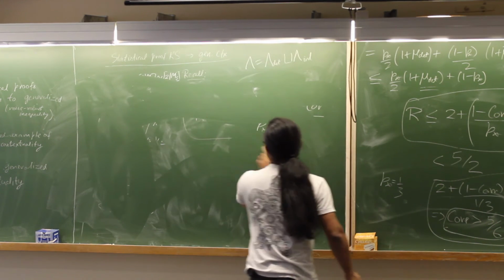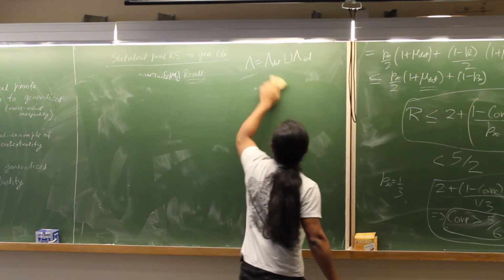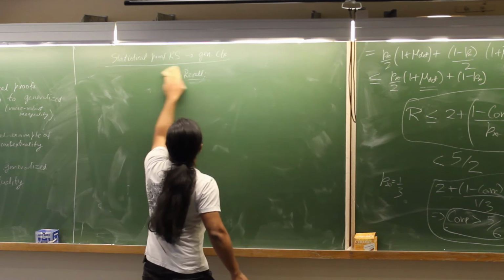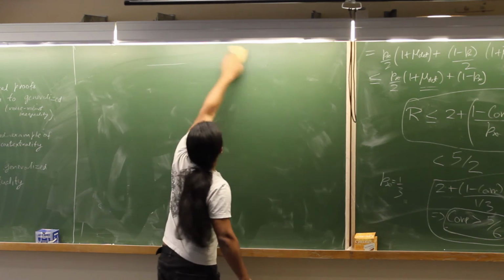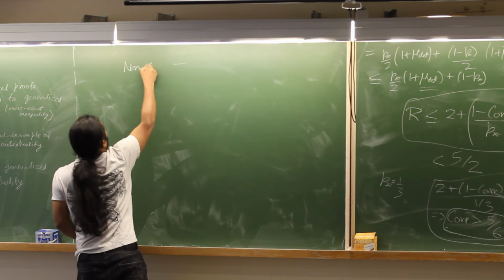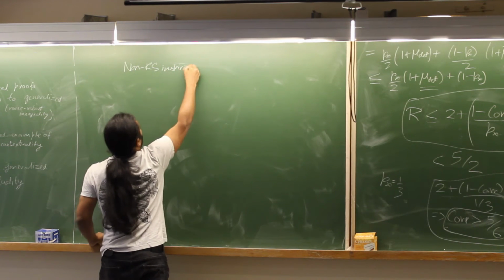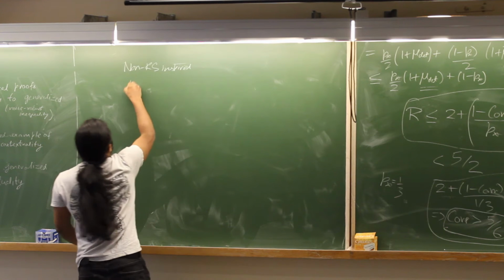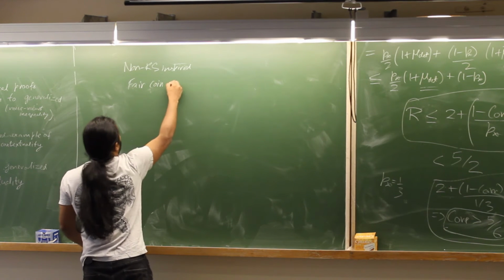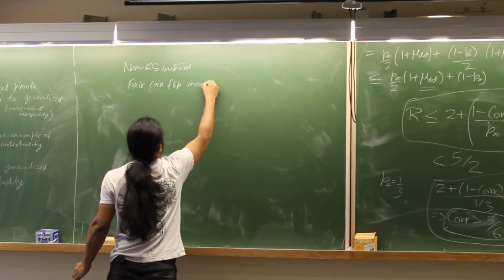By now, having looked at these two proofs, you have a sense of how most of these original inequalities work. The only reason I'm mentioning this one is because it's non-KS inspired. It's directly part of generalized contextuality. It's the fair point flip inequality, what we call that.